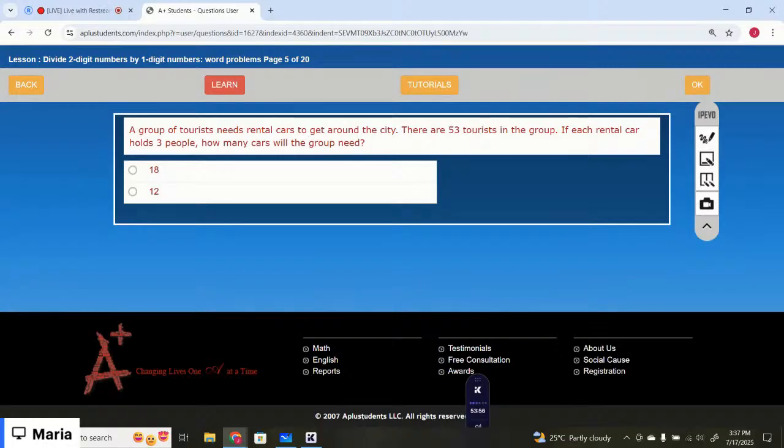A group of tourists needs rental cars to get around the city. There are 53 tourists in the group. If each rental car holds 3 people, how many cars will the group need?